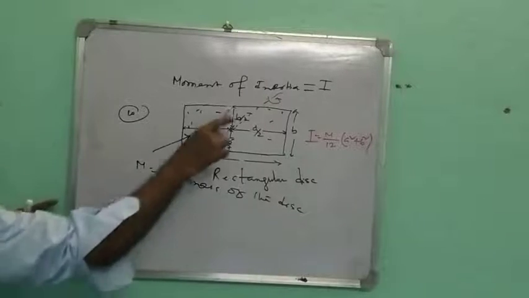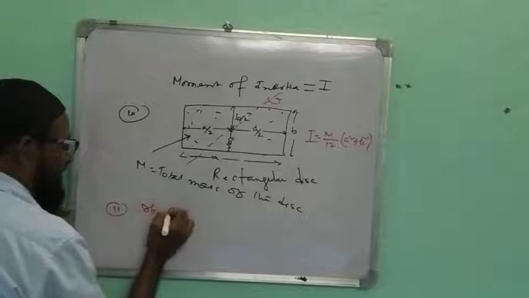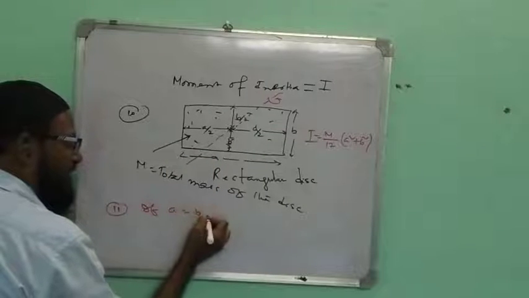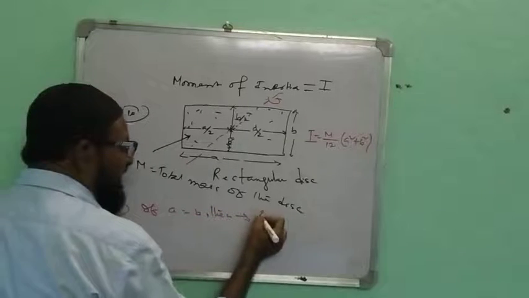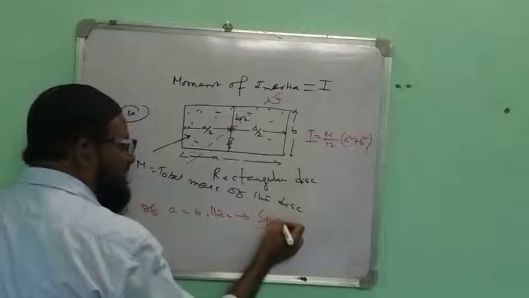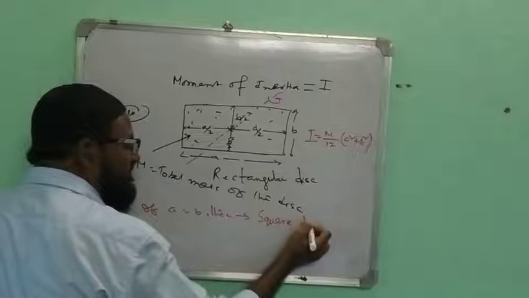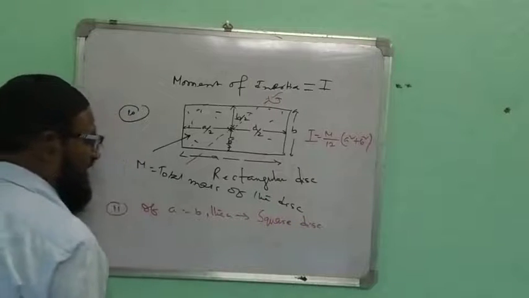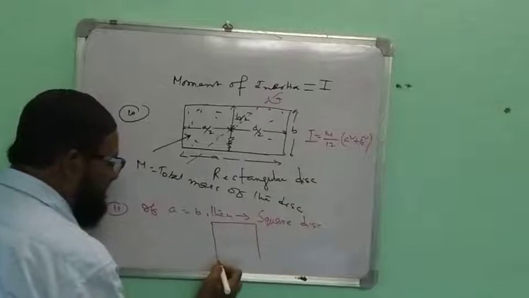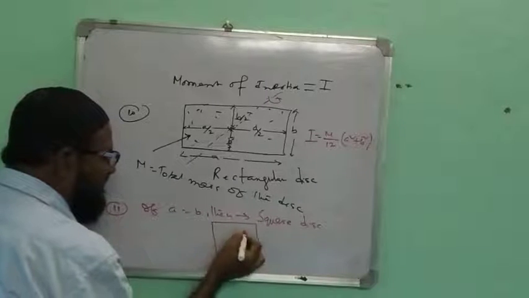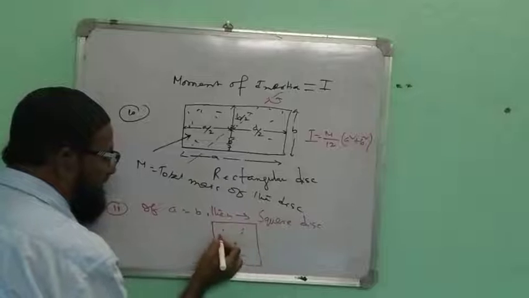Now, if A equal to B, then it is called a square disk. What is the shape? Here is the center.